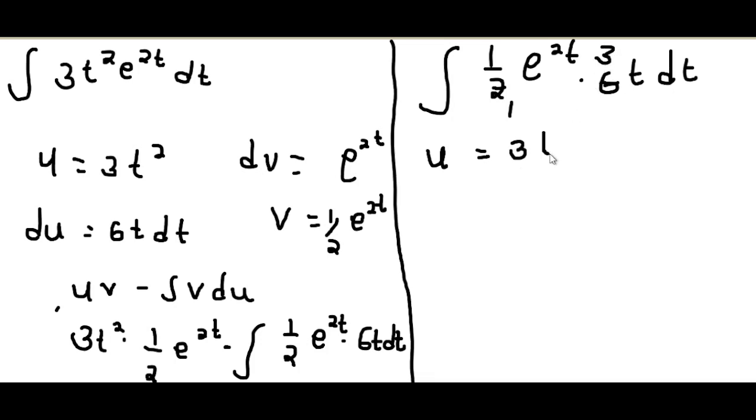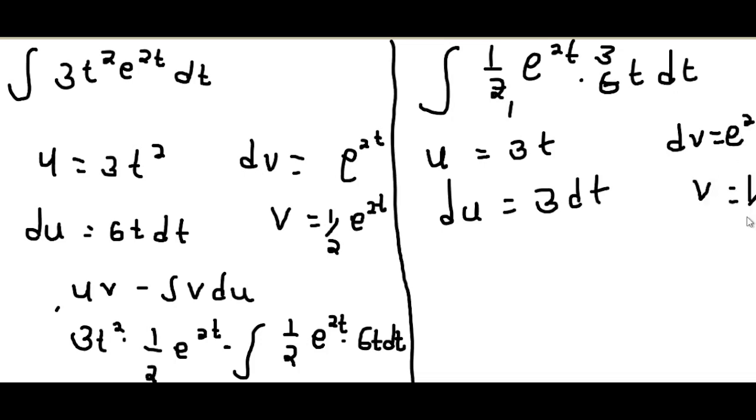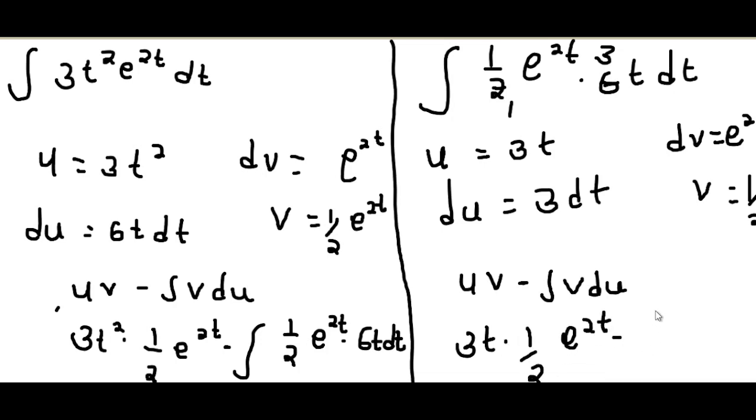Our u will be 3t, our du will be left as 3 dt, our dv will be equal to e^t, and our v will be e^t. So uv minus the integral of v du: 3t multiplied by e^t, subtract the integral of e^t times 3 dt.